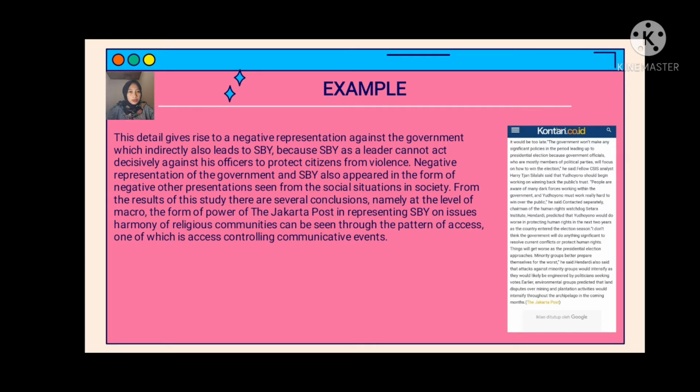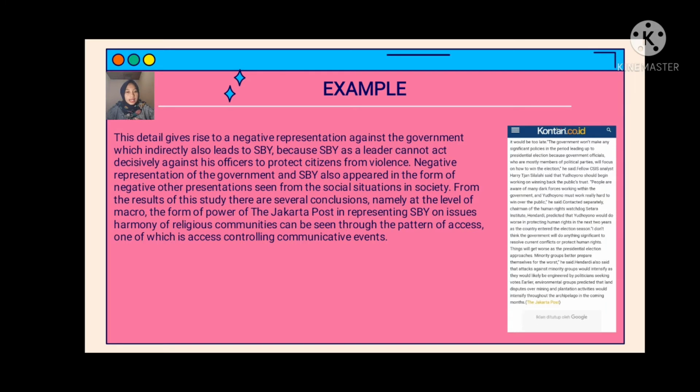So yes, in this news, the power of the publisher, the writer or author, and the interviewee can influence the frame of the main context or the main discussion of this news.